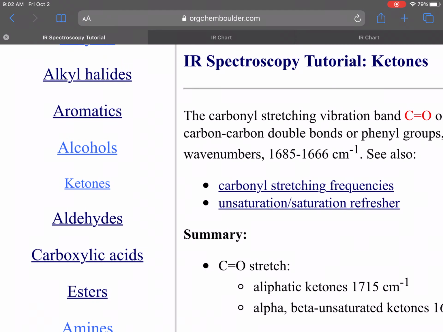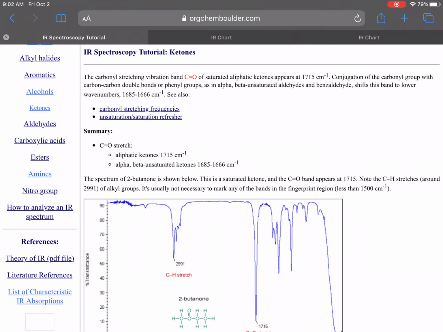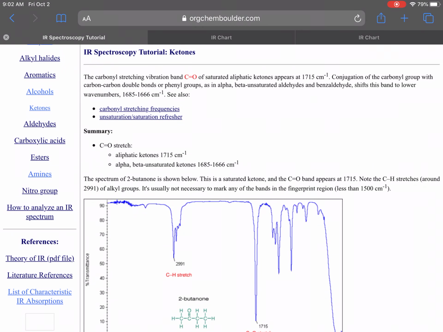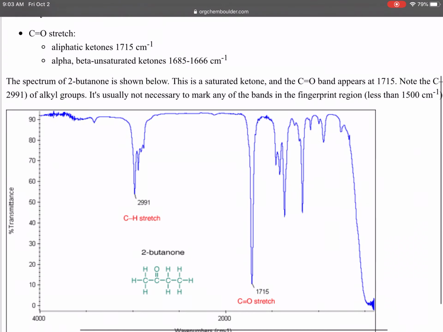First of all, the carbonyl group itself, C double bond O, it really sticks out. It's a very strong peak. Carbonyl typically appears between about 1800 to 1650, depending on the exact molecule that you're using. This one we have 2-butanone.